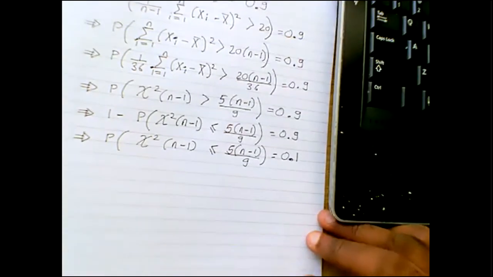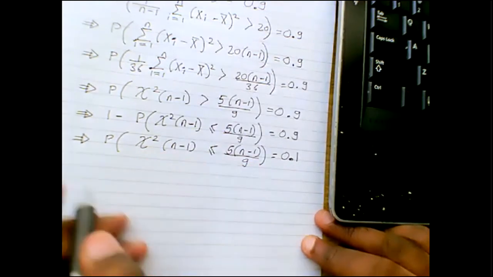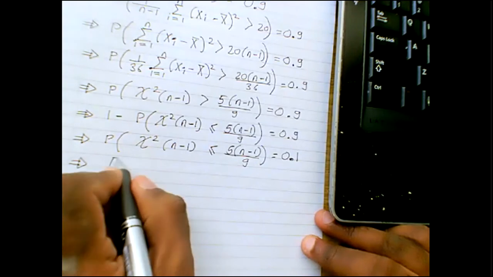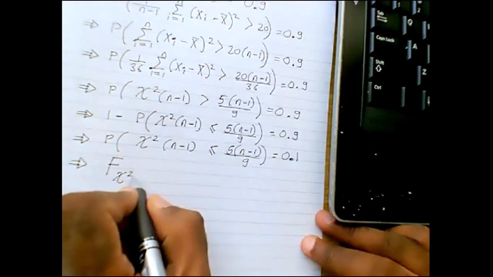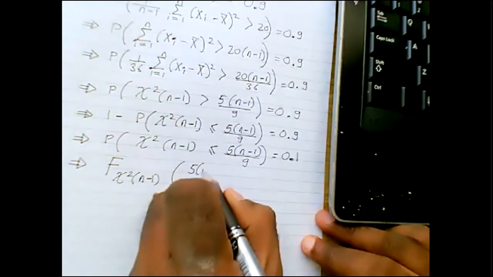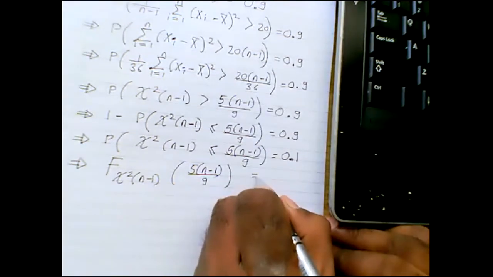You follow me, guys, so far or not? Right, now what you have here is the CDF, the cumulative distribution function of a chi-squared variable at 5 times n minus 1 divided by 9 equal to 0.1.